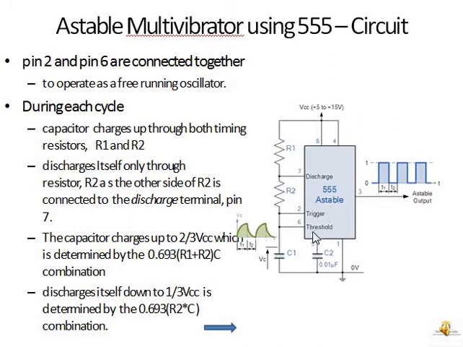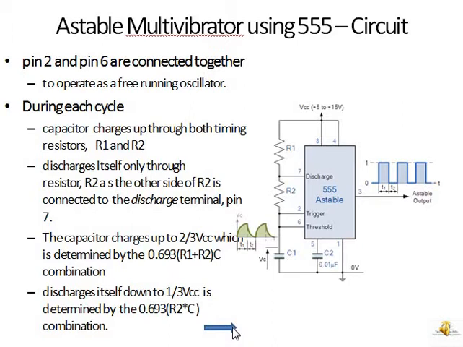The trigger and threshold pins are tied together and connected to the point where C1 and R2 meet, to operate the circuit as a free-running oscillator or square wave generator. During each cycle, the capacitor charges up through resistors R1 and R2 and discharges itself only through the resistor R2 and the internal circuit.